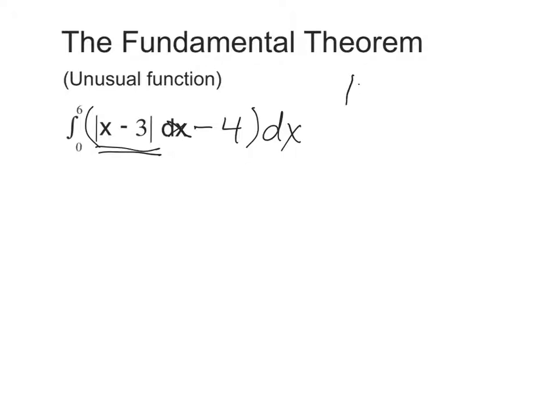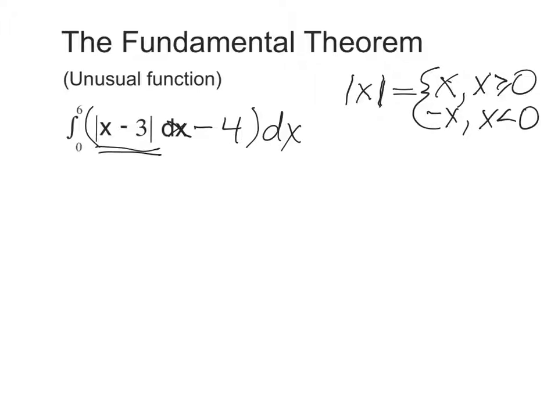I think we've mentioned this before, but the absolute value of x is defined as simply x if x is greater than or equal to 0, or if x is negative, then we represent the absolute value of that negative number as the opposite of x. Most of us look at this and say negative x, but technically it's the opposite.